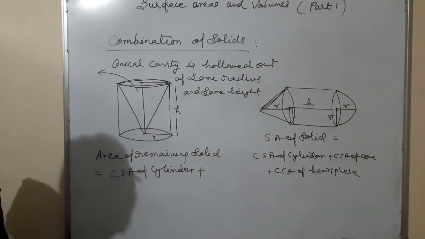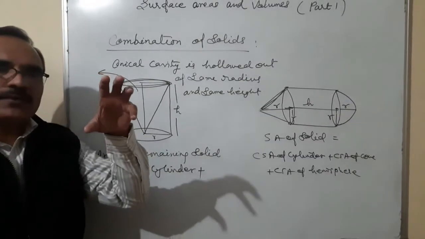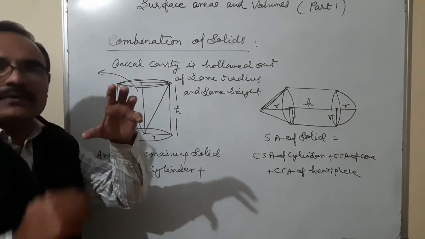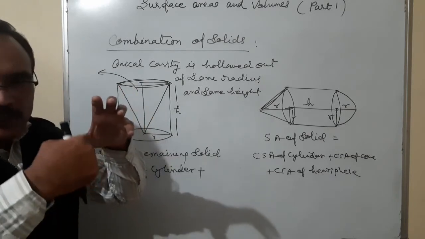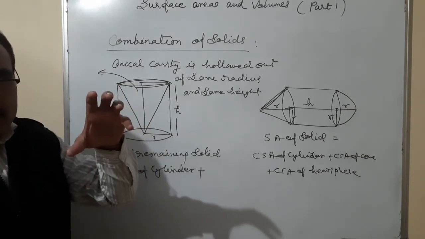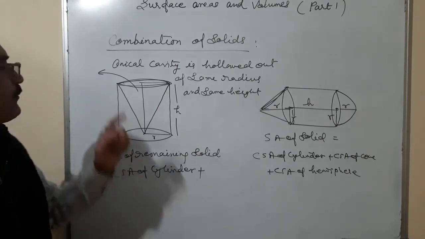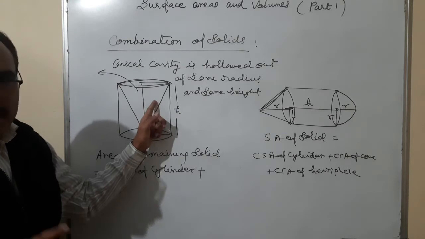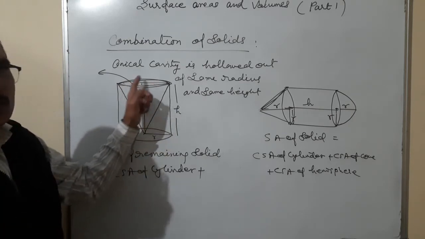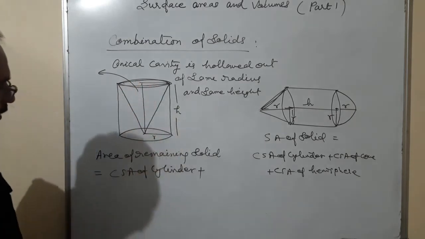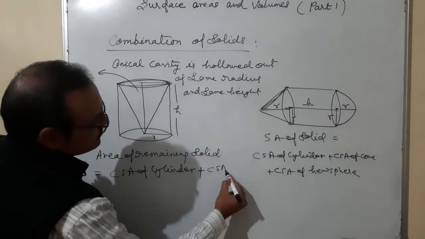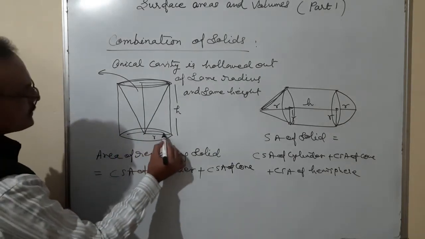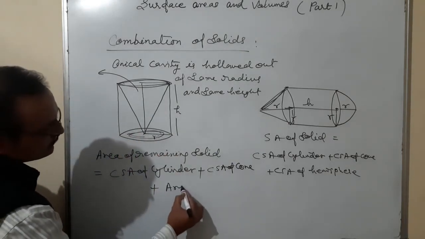Second, when you see from your side, the hollow portion is looking like a cone. It is the CSA, curved surface area, not the total surface area, because this portion is not here. So CSA of cone. And one more portion you can see is this: the area of the base.